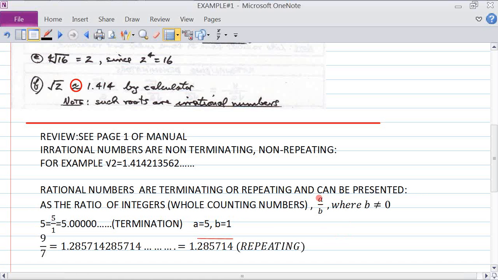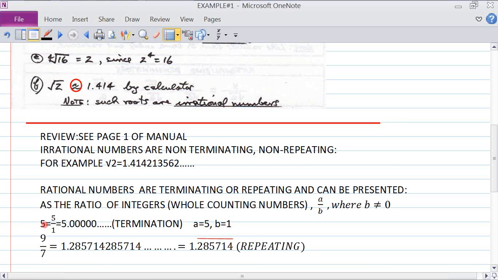So you can define a rational number as the ratio A over B, where A and B are whole counting numbers, like minus 22, 24, 3, 5. The key thing is that a rational number cannot be defined where the denominator is 0. So you can't use 0 down here. A rational number is a ratio of integers.